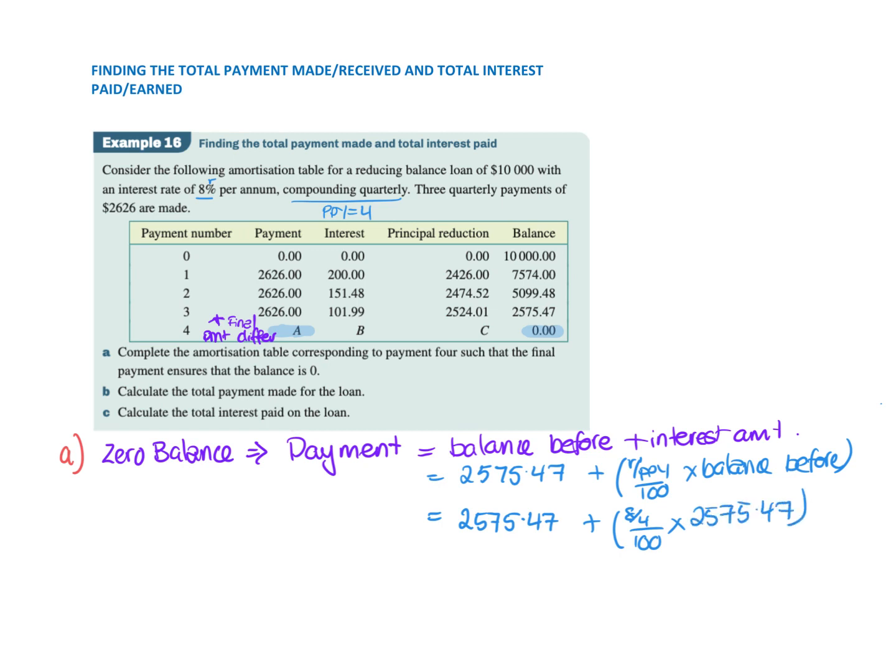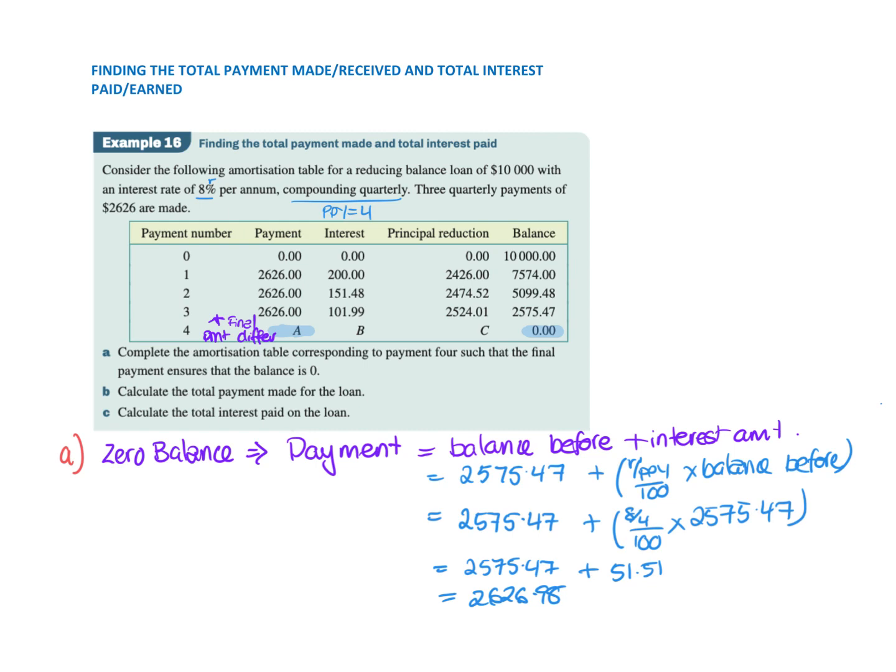I'm just stepping it out so you can see. We actually had 51 interest, so our final payment is 2626.98. So you can see it is a little bit more than our regular payment. It was 98 cents. Okay, so there's our final payment.